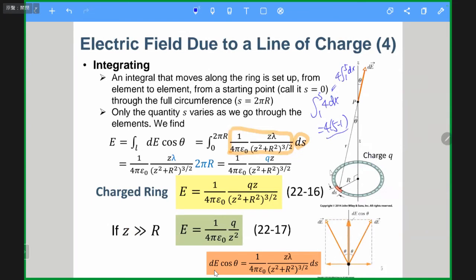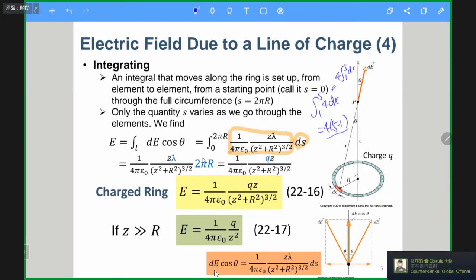Okay, so this is nothing special. This is a constant, so we just put this constant here, and then we integrate the circumference of the circle. So it is nothing but 2 pi r. So we put 2 pi r here.